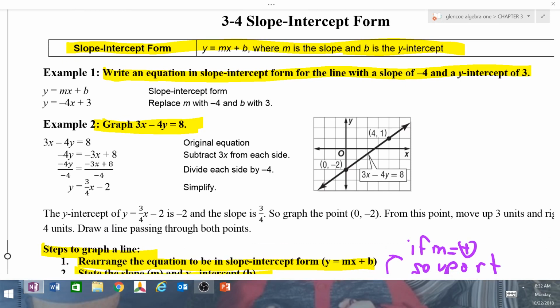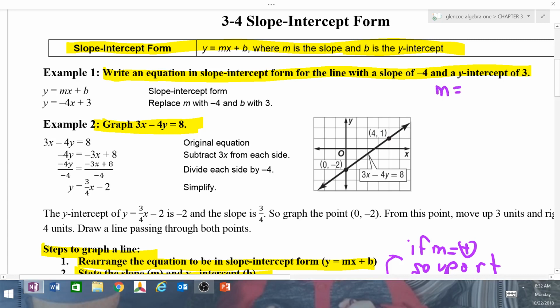To write an equation in slope-intercept form, we're going to plug in the slope for m, and we're going to plug in the y-intercept for b. So if they gave us a problem as simple as example 1, where it says, write an equation in slope-intercept form for a line that has a slope of -4 and a y-intercept of 3.